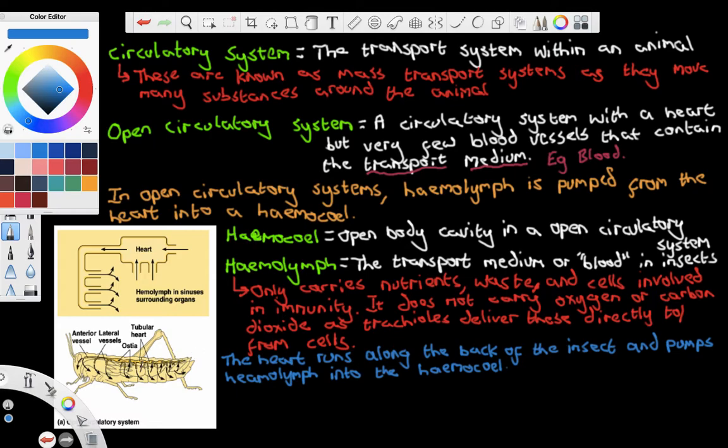It's got a heart along its back which pumps blood into the haemocoel and then picks it up at the back end and pumps it through again and again. It just keeps the hemolymph circulating.